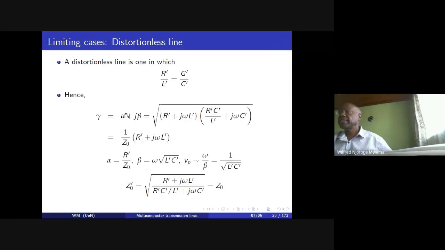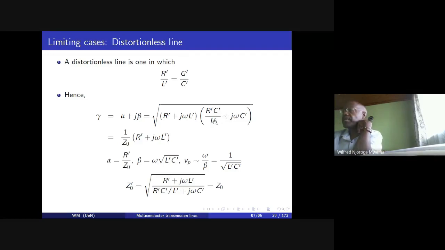And hence, if you place that into the full expression of the characteristic impedance, we have replaced G prime by the product R prime by L prime multiplied by C prime. And therefore, we can always get the C prime out.